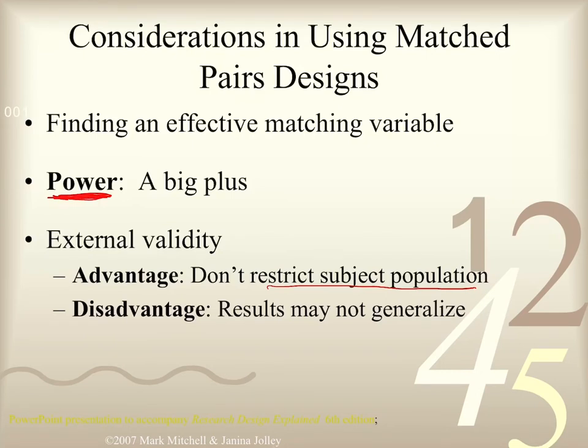The downside to matching is that the results may not generalize to participants who haven't done the matching task. Now, this is a little bit counterintuitive, so I want to talk you through this.